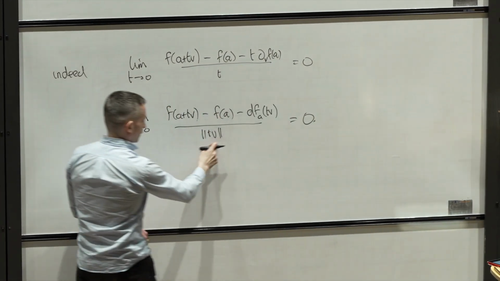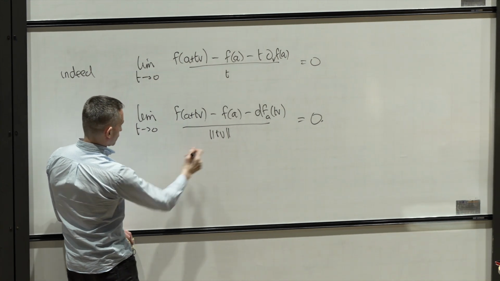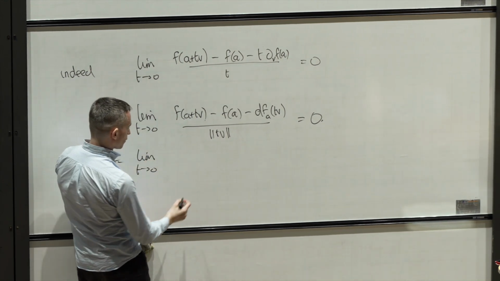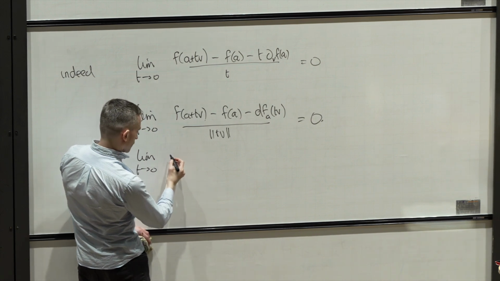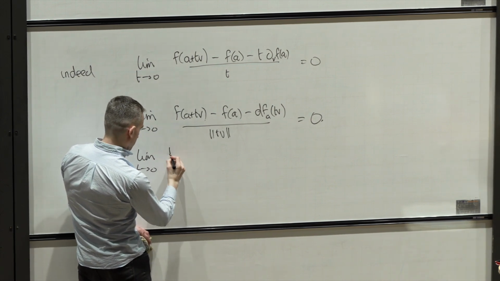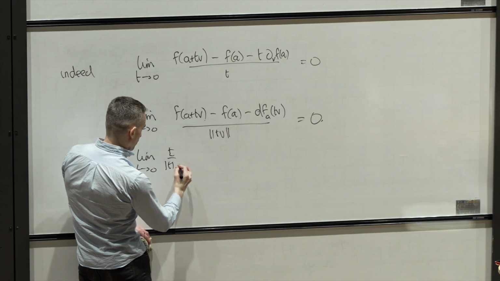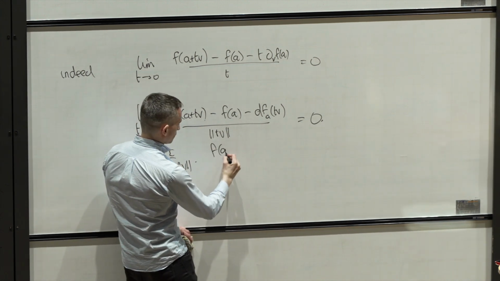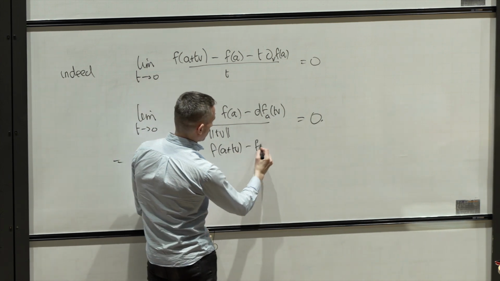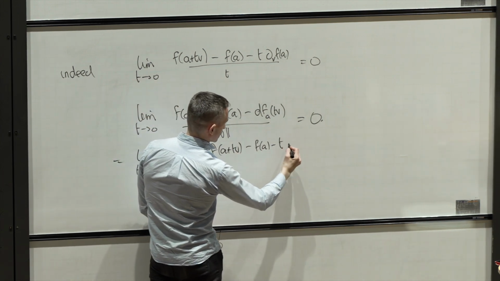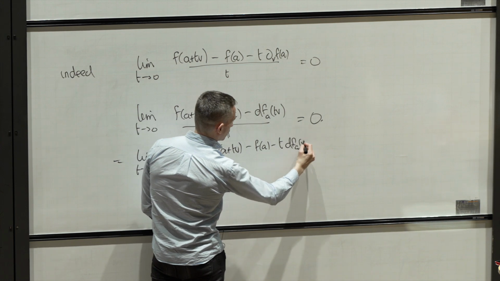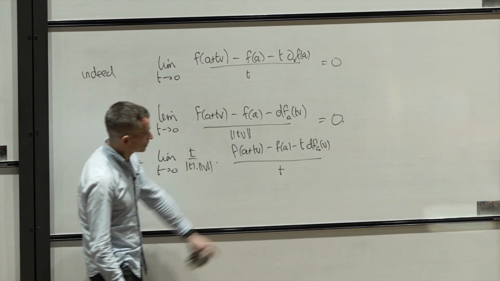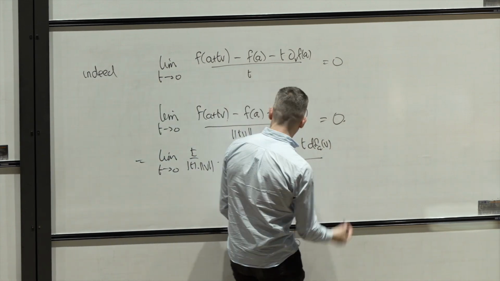And then if you just work out what this is, the limit as t goes to 0 of t divided by the absolute value of t times norm v times f of a plus tv minus f of a minus t, taking the scalar out of the linear map, df of a at v.